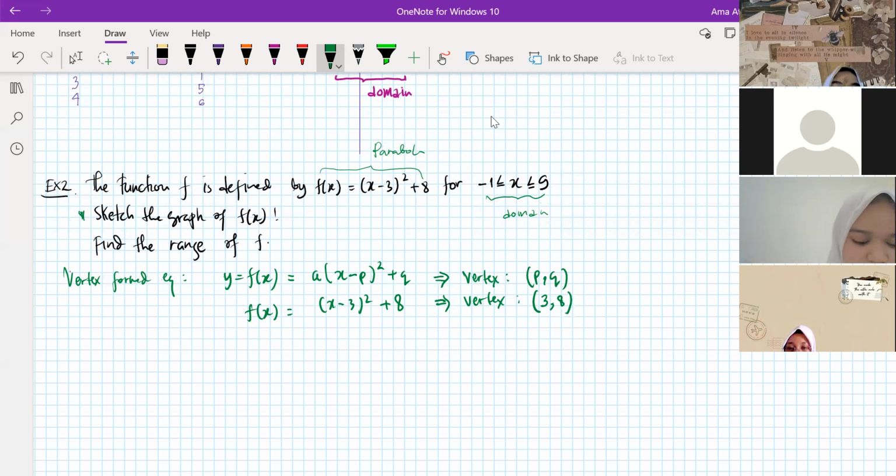And a here is positive, a bigger than 0, so it opens upwards. Do you remember? The parabola is concave up. Yes, very good.